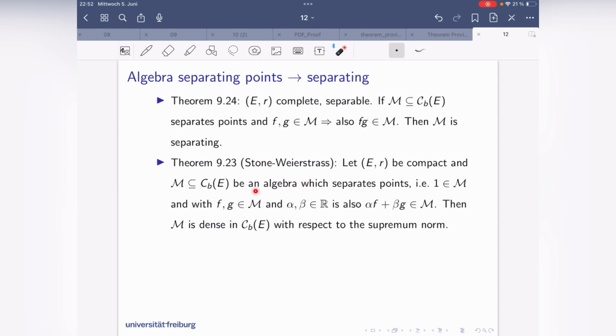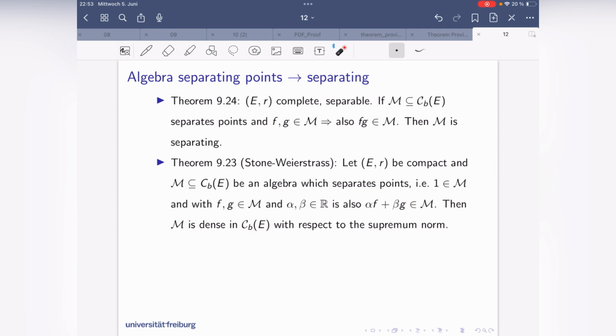Algebra means that it's closed under multiplication. I also have that M must be closed under scalar multiplication and under addition. Then this is dense with respect to the supremum norm. So I can approximate every bounded continuous function with functions in this M here.